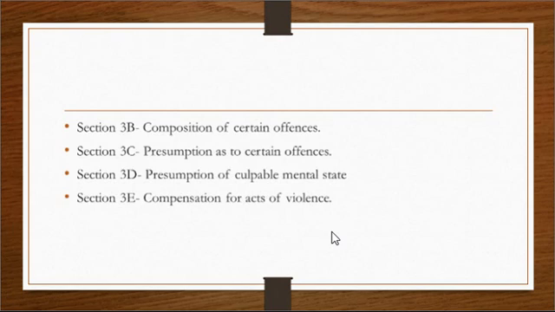Now see, another important section is section 3E, that is compensation for acts of violence. So this section 3 clause E provides that in addition to punishment for offenses under section 3 subsection 2 and subsection 3, the person who is convicted shall also be liable to pay by way of compensation an amount which will be determined by the court, right, for causing hurt or grievous hurt to any healthcare service personnel, right?